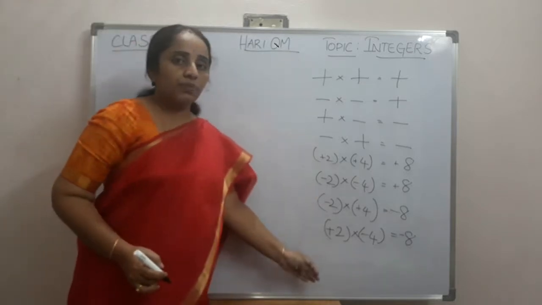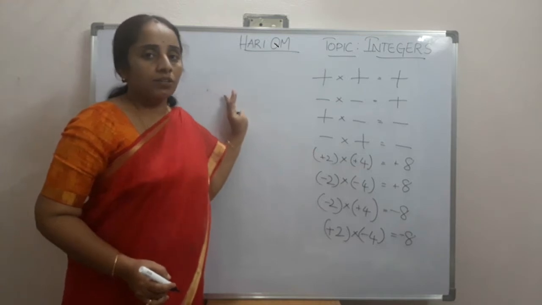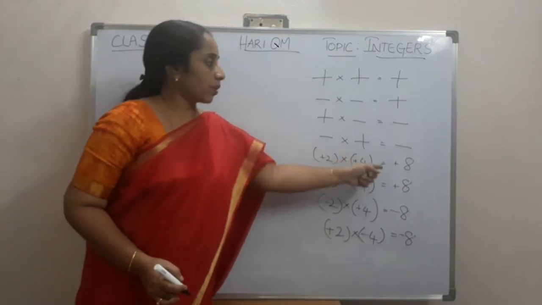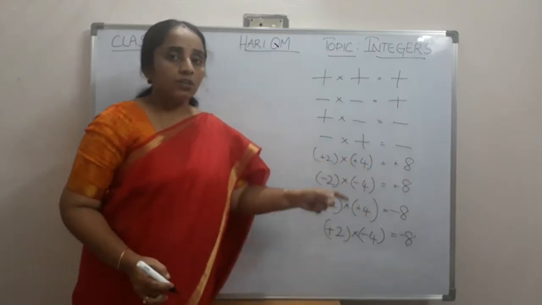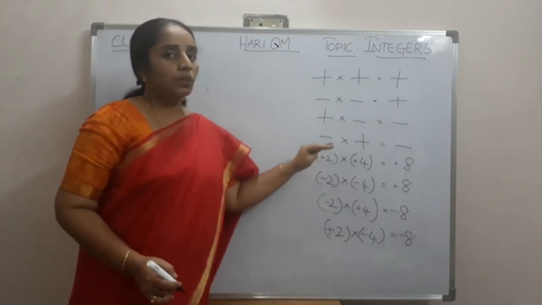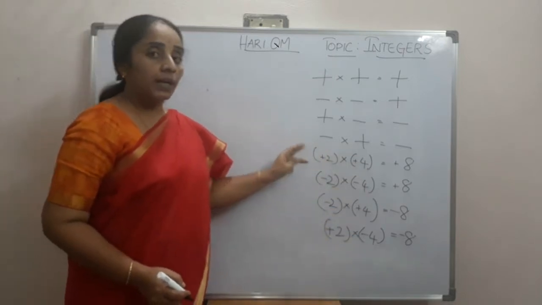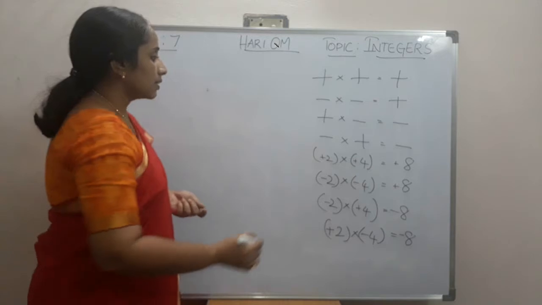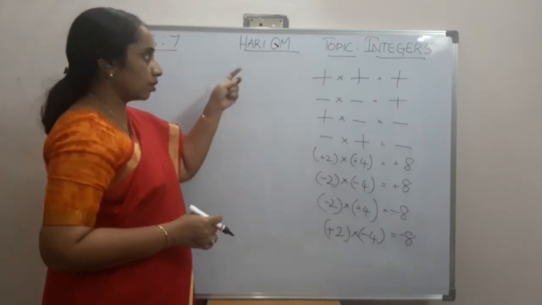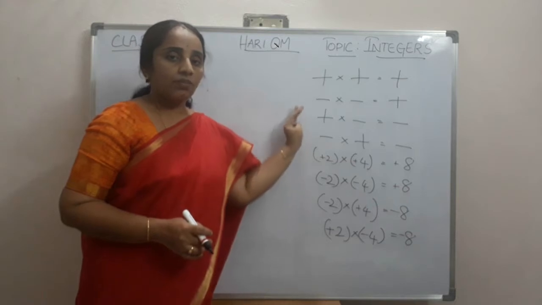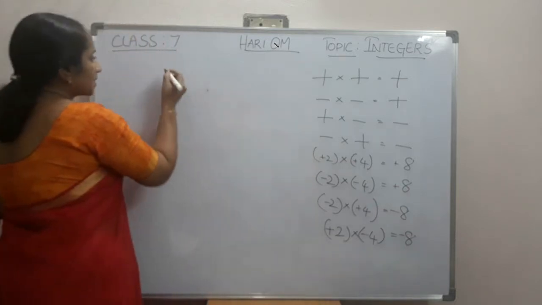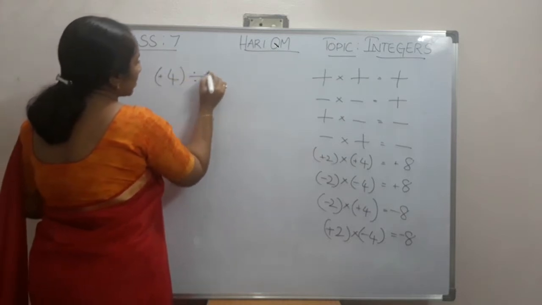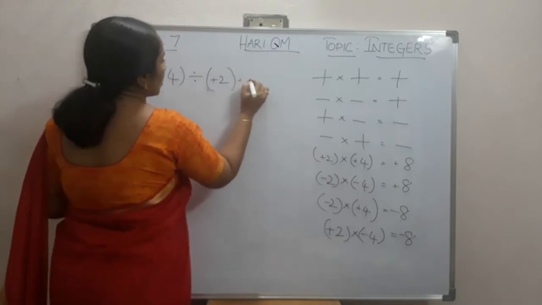The same rules we can follow in division also. Here these are two integers and their product is also an integer, so multiplication follows the closure property. But in case of division we are going to check now. The rules under division of integers: plus 4 divided by plus 2 is plus 2.